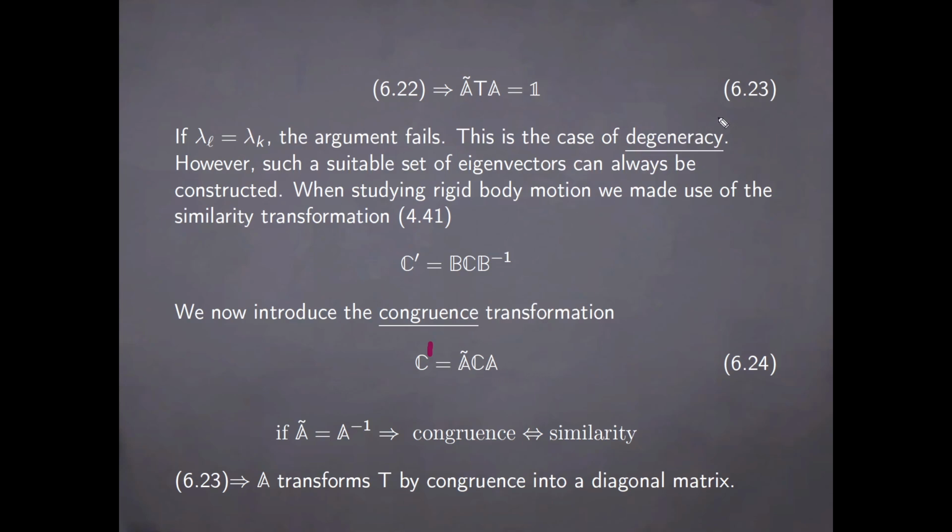And in effect, what result 623 says is that the matrix of eigenvectors A transforms the matrix T by congruence into a diagonal matrix.